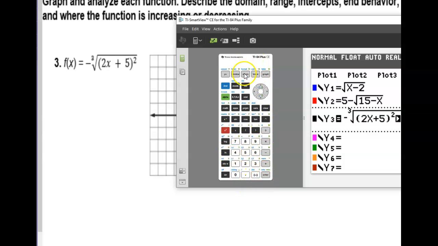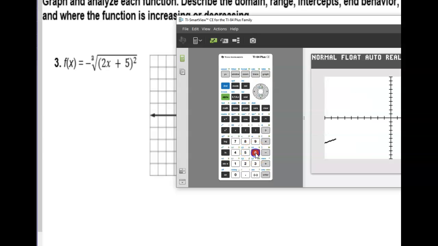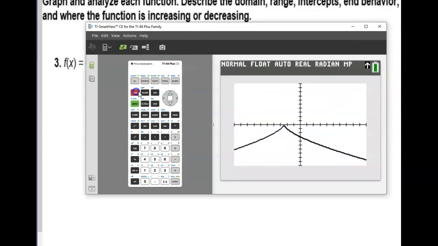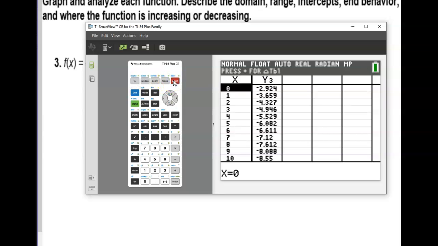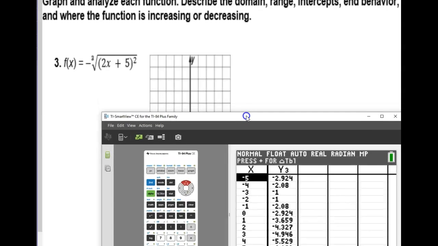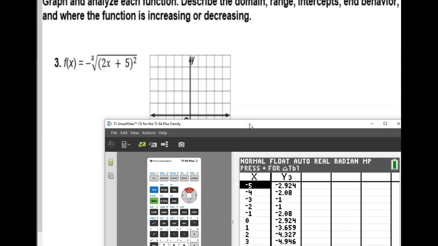All right. If I do a standard window, this is what I get. If I look at the table, I don't have hardly any nice points, but I could definitely plot a couple things: 3, -1, and 2, -1.